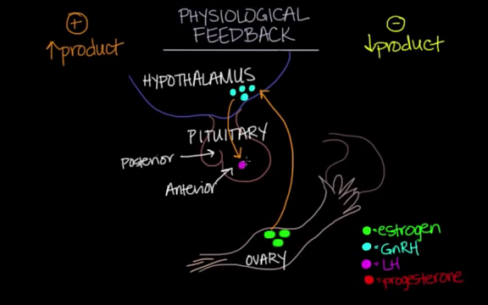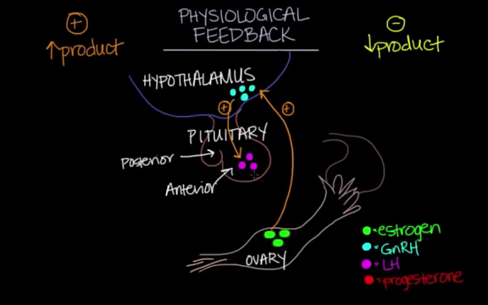and LH. So GnRH can also then work on the anterior pituitary to stimulate the production and release of even more LH into the blood. So here's positive feedback again. The hypothalamus communicates its message down to the anterior pituitary.